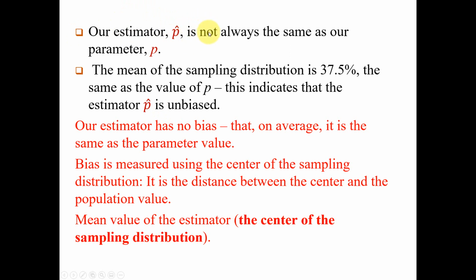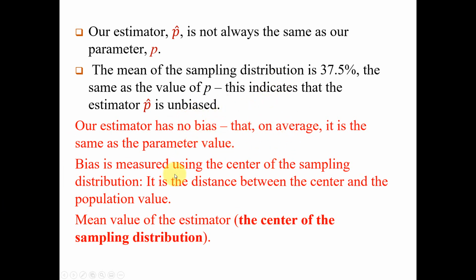Our estimator P hat is not always the same as our parameter. We saw that before. The mean of the sampling distribution is 37.5%, the same value as P. This indicates that the estimator P hat is unbiased. Our estimator has no bias because on average it is the same as the parameter value of P, so we could call that an unbiased and accurate estimator.